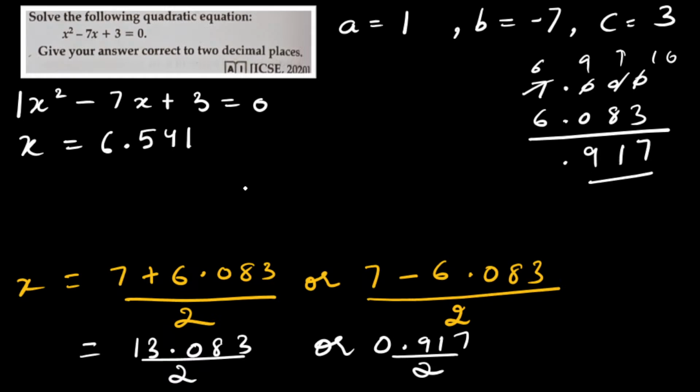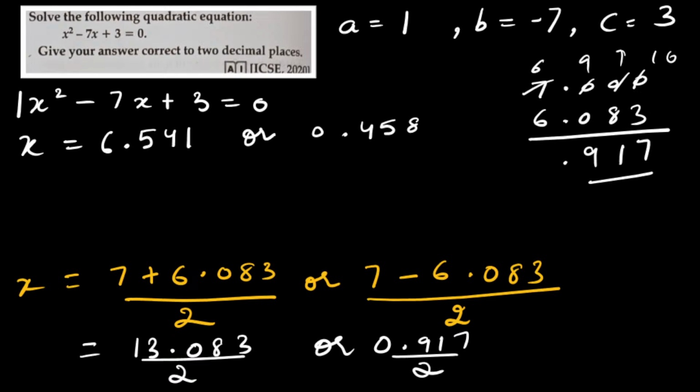6.541, or here you will get 0.4585. If you do cancellation, 4 into 8, 5, 10, 8, 16. 6.541, it's correct. 0.4585, so 0.45.